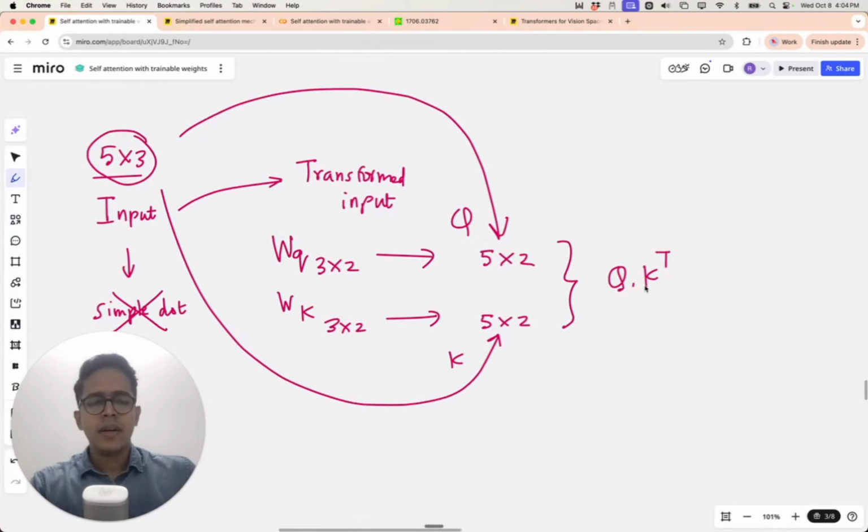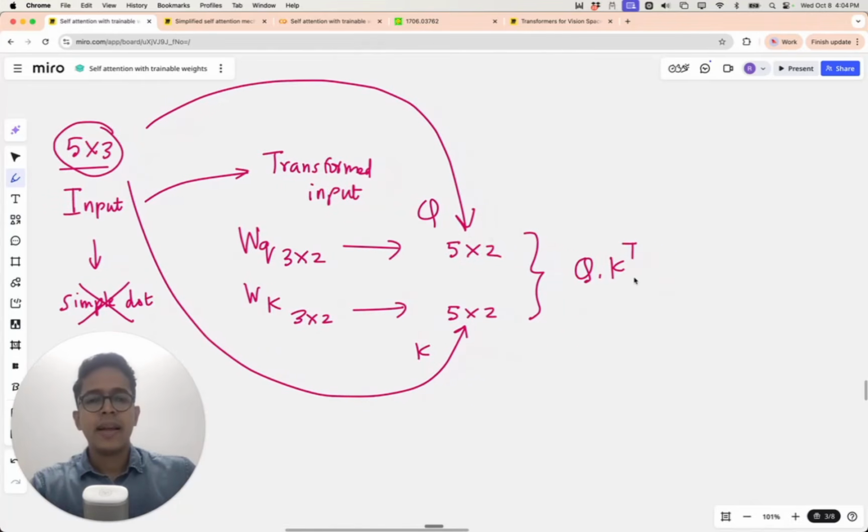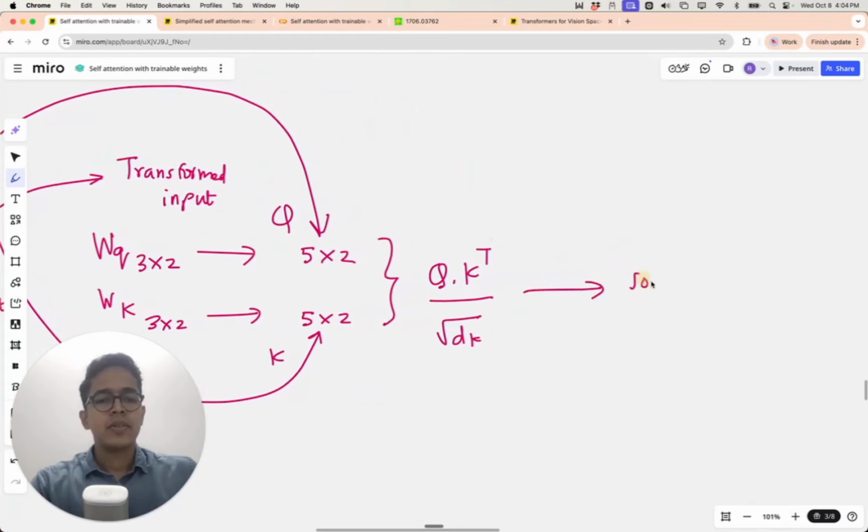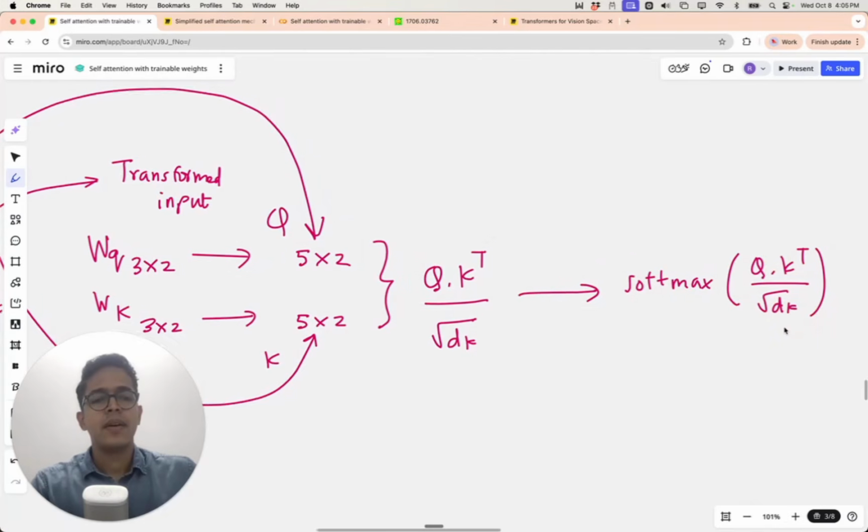So we do the dot product, but then whatever we get, which are called the attention scores, we scale it by dividing by square root of the dimensionality of the key space. And then we take softmax of this. So softmax of Q dot K transpose divided by square root of dimensionality of the key space.